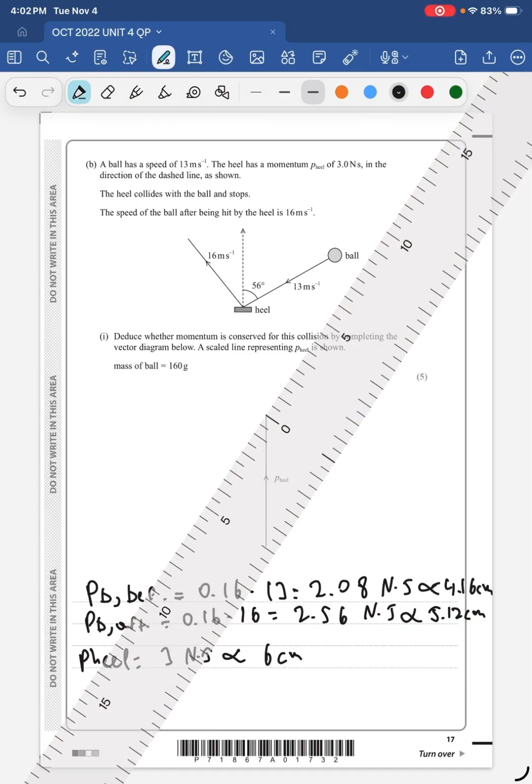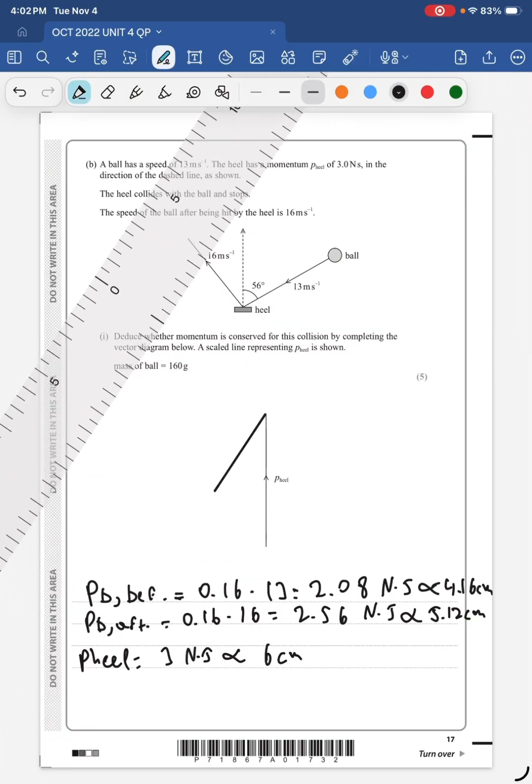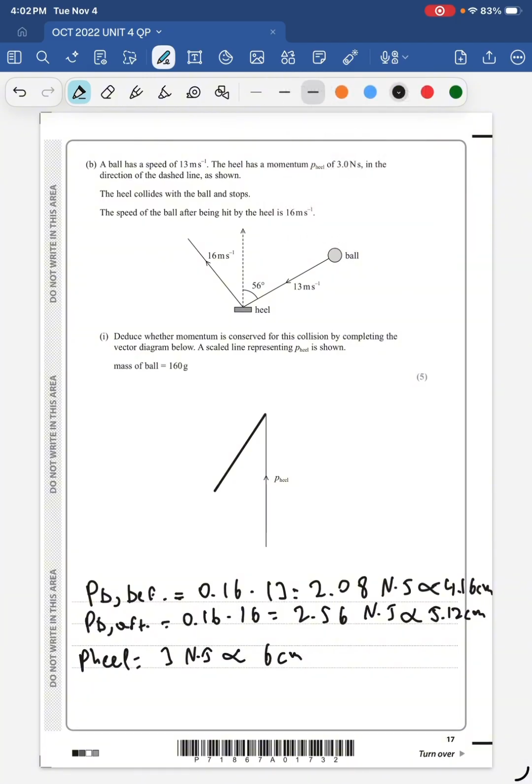And we need to draw 4 centimeters. That's about 4.1 centimeters. That makes sense. Let's say that this vector is P ball before, and this angle should be 56 degrees.